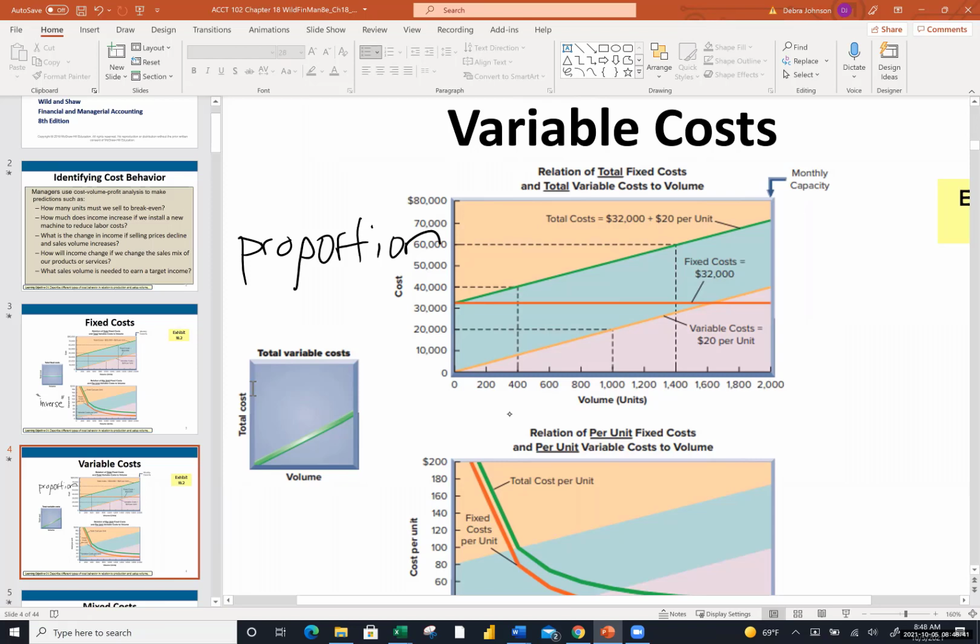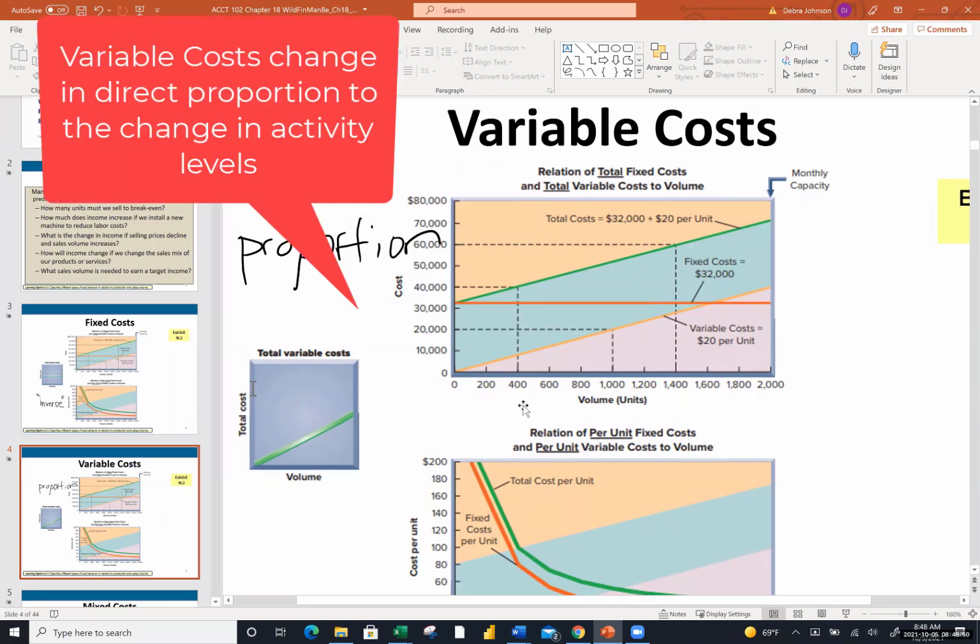In other words, again, back to the pizza example, if I sell 0 pizzas, then I need 0 pepperoni. If I sell 2 pizzas, I don't know how many pieces of pepperoni are on a pizza, let's say 20, then I need 40 pieces of pepperoni. If I sell 5 pizzas, I need 100 pieces of pepperoni. That's a directly proportional relationship.